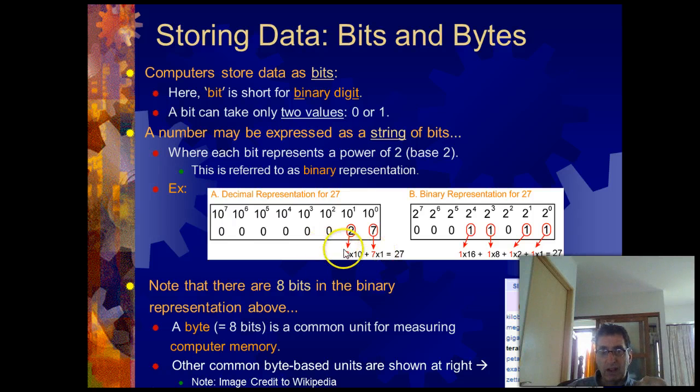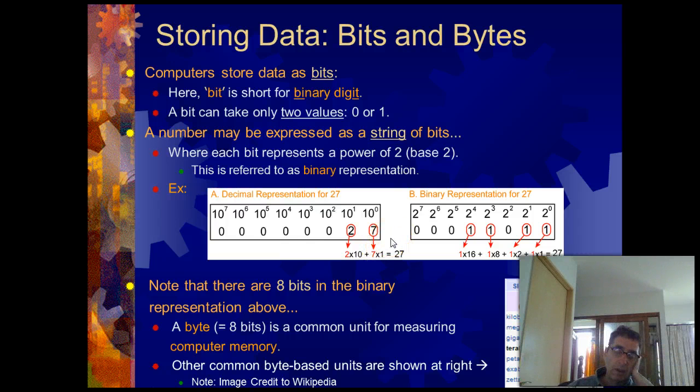And if I wrote 527, that equals 5 times 100 plus 2 times 10 plus 7 times 1. And 6,527 is 6 times 1,000 plus 5 times 100 plus 2 times 10 plus 7 times 1, and so on, right?